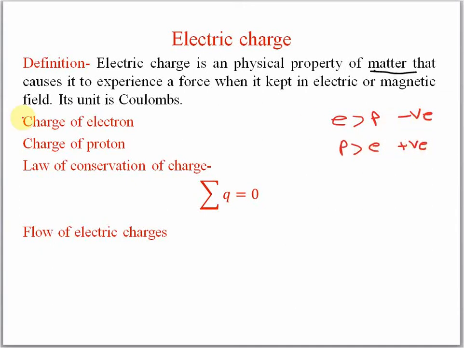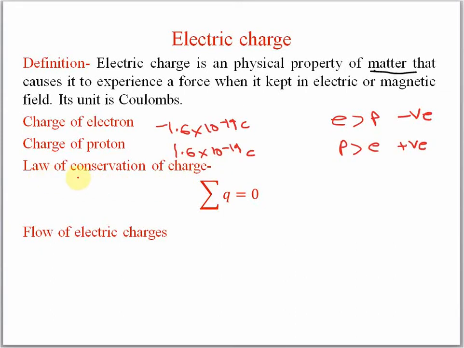Then the charge of an electron: what is the charge of an electron? It is equal to minus 1.6 times 10 to the power minus 19 coulomb. One proton has a charge equal to 1.6 times 10 to the power minus 19 coulomb.